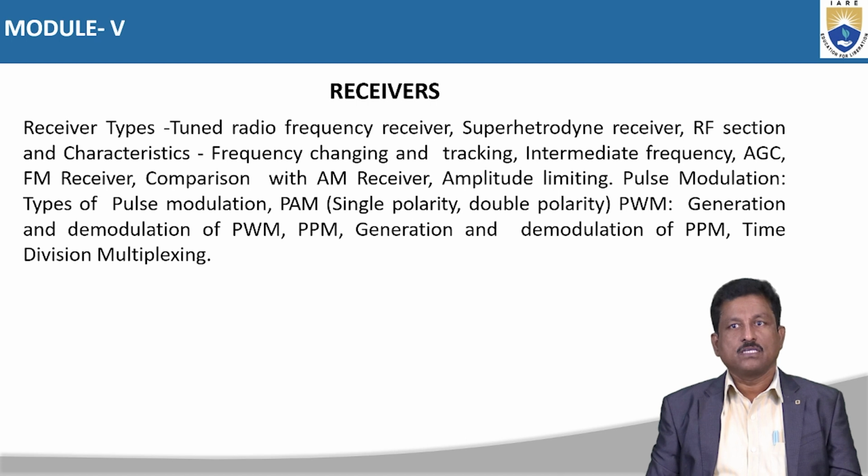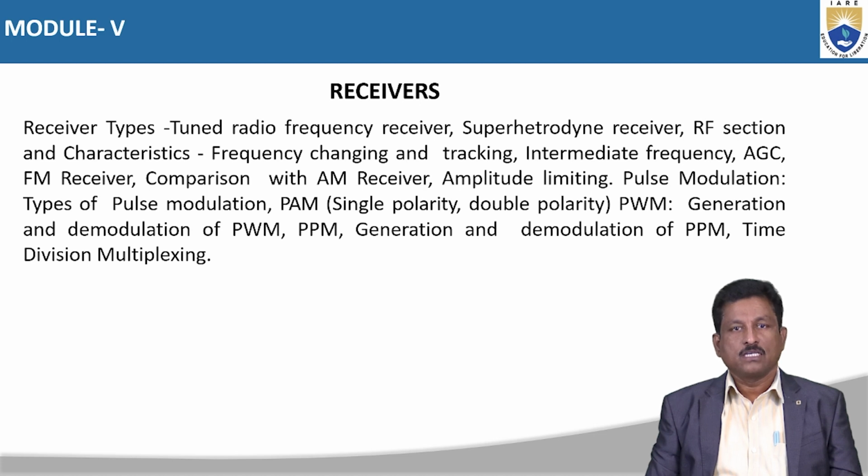Then you can have the comparison between the different types of receivers. We are going to have FM receivers, AM receivers, based on the modulation techniques, and also the pulse modulation techniques.